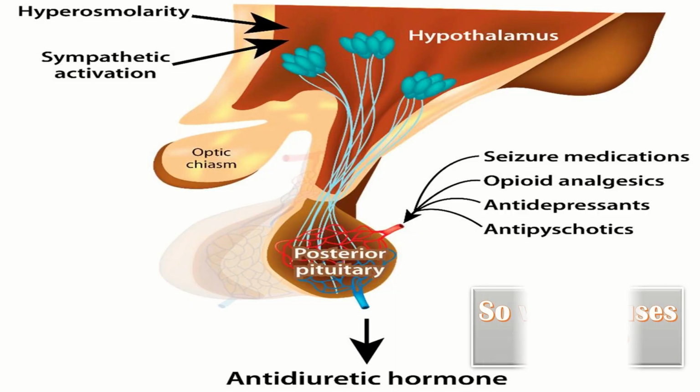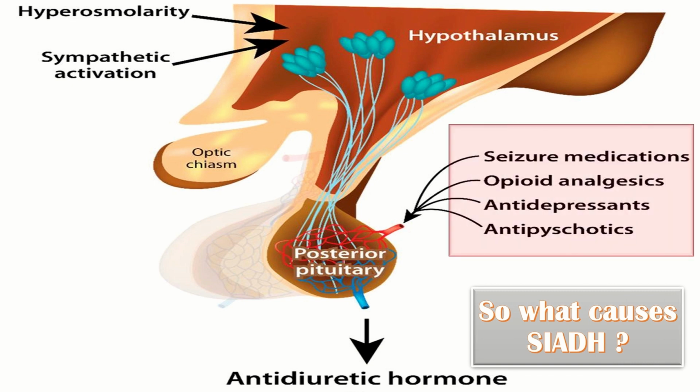So, what causes SIADH? Pretty much anything that messes with the secretion of ADH. Conditions like strokes, hemorrhages, or trauma to the brain can mess up the brain's ability to release ADH. Similarly, some drugs that act on the brain, like mood stabilizers or anti-epileptics, can change the way ADH is released. Surgery in general often causes an increased secretion of ADH, though we are not really entirely sure why.